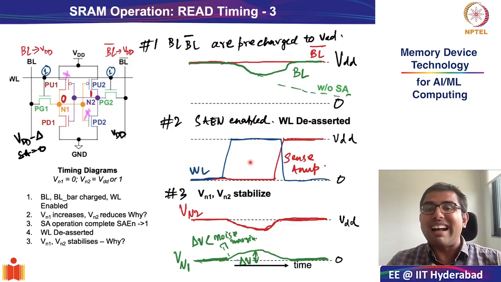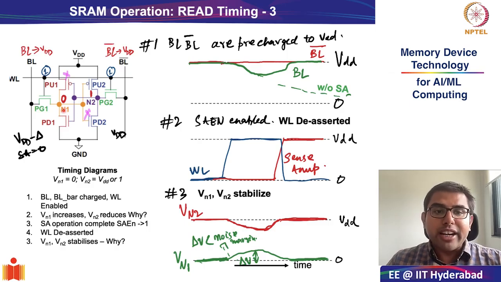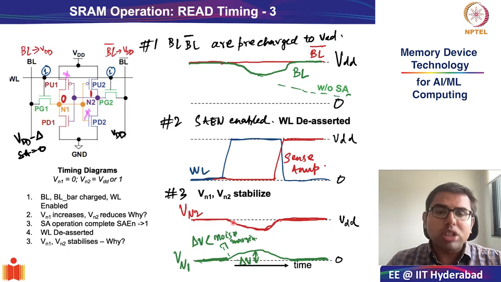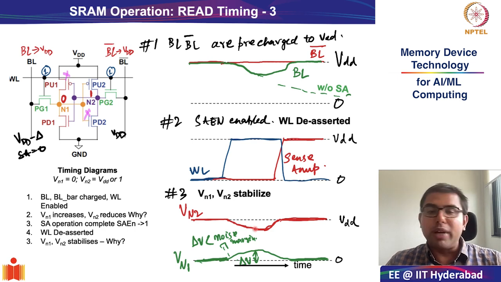The first question that I asked you was, since the VN1 voltage is changing and the output of VN1 is connected to the input of the second, right-hand side inverter, definitely there will be some change in VN2 also, and that is also indicated in the timing diagrams.